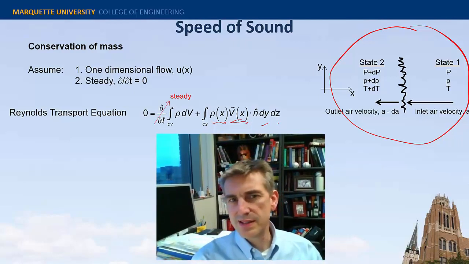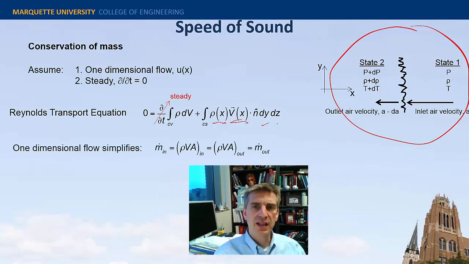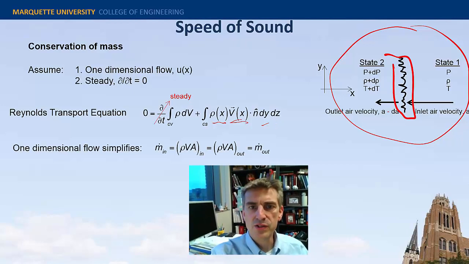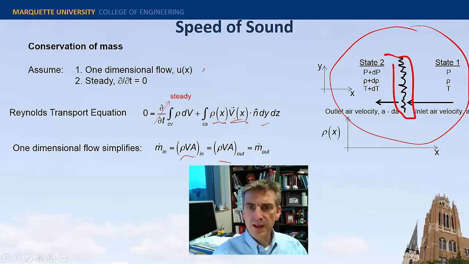First thing we're going to do is make it steady, so we get rid of that term. And in our control volume, we have one inlet and one outlet. So we're going to have an in and an out. And notice I wrote them as one-dimensional steady. Now, how do I justify that? The way to justify it is that you recognize that this ρ is some function only of x, right? So it can change. Maybe the density increases as it moves through the x coordinate.